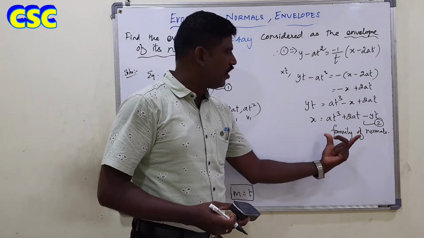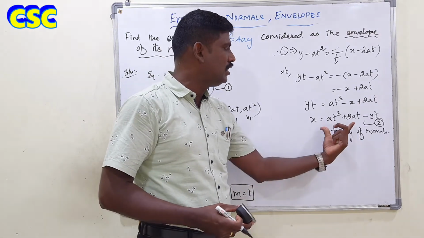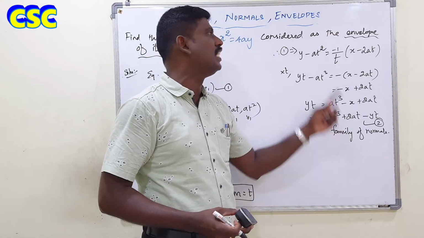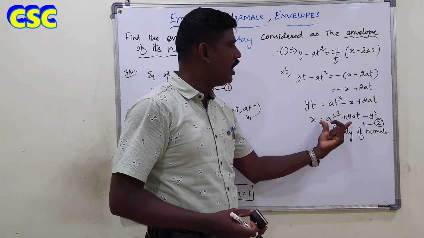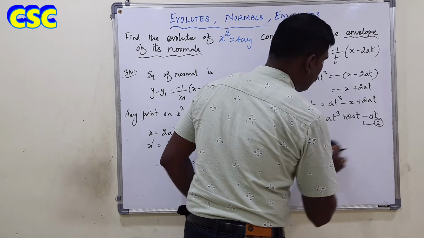So I have a family of curves. Now I am going to find a curve that touches all the members of this family of normals, that is the envelope. So now I am going to find the envelope of this curve 2. Right? So how to find the envelope?